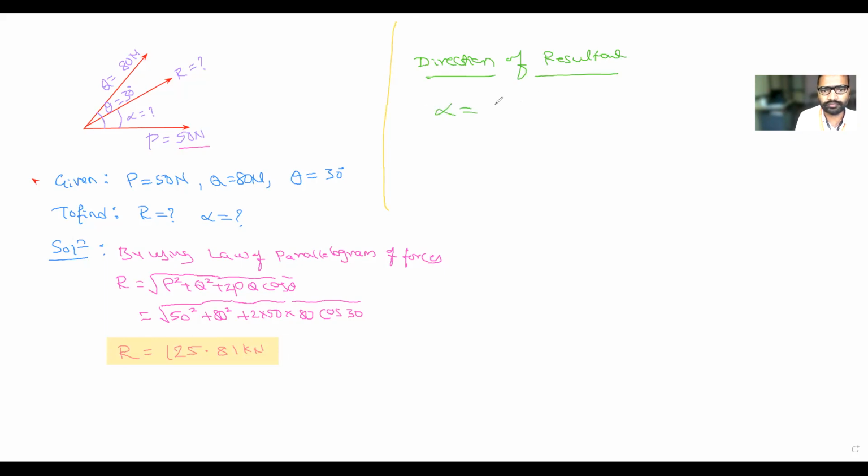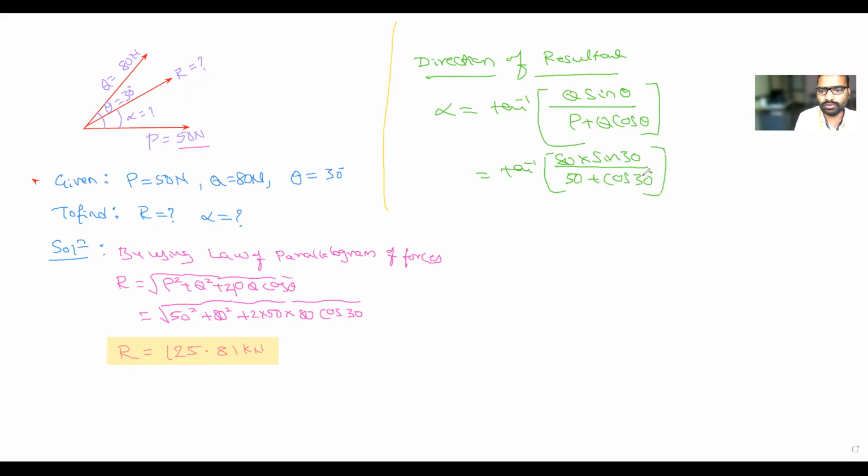Alpha is equal to tan inverse of Q sin theta, that is, the second force times sin theta, divided by P plus Q cos theta. So Q is 80 Newton, so 80 into sin 30, divided by P, which is 15, plus Q cos 30.